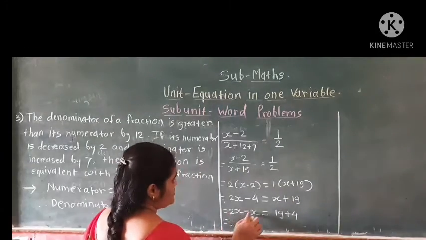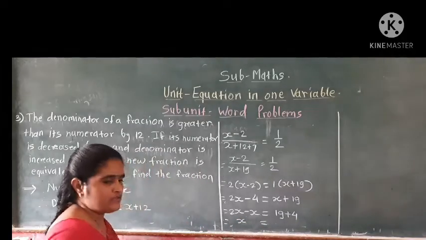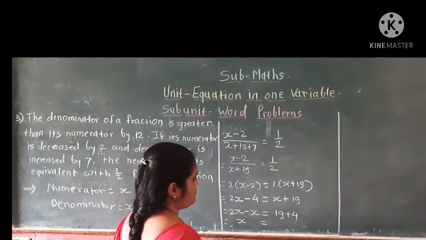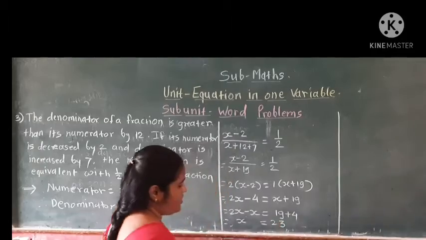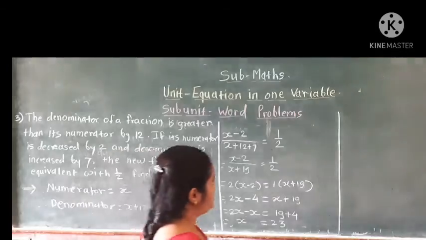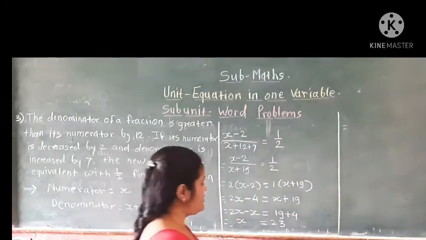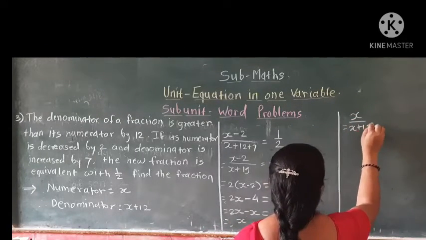Then 2x minus x is x. Then 19 plus 4, how much will it be? That is 23. Then the value of x is 23. Then what will be the actual fraction? That is x divided by x plus 12.